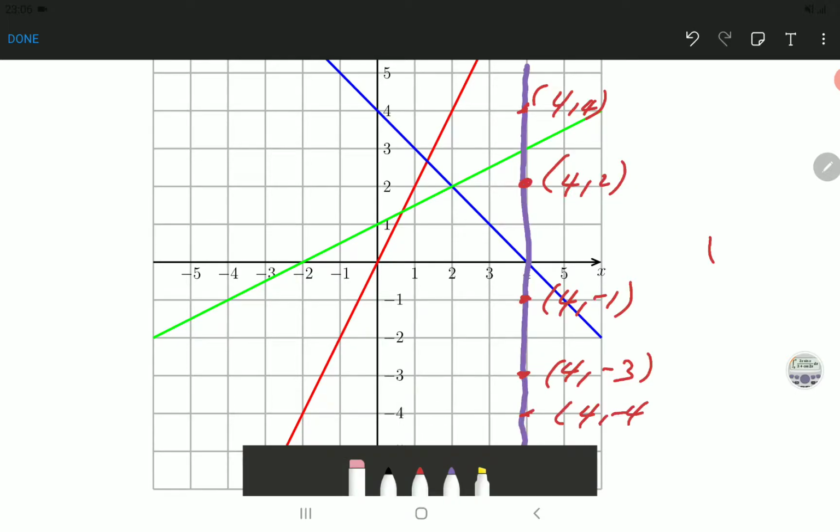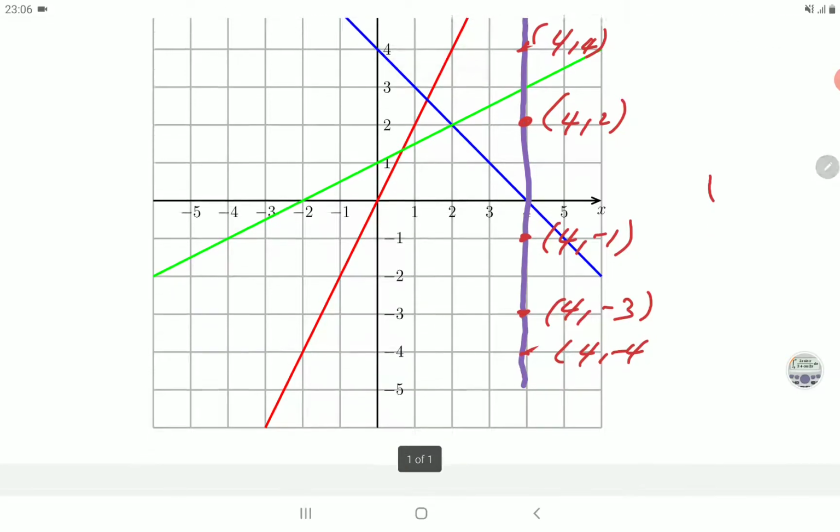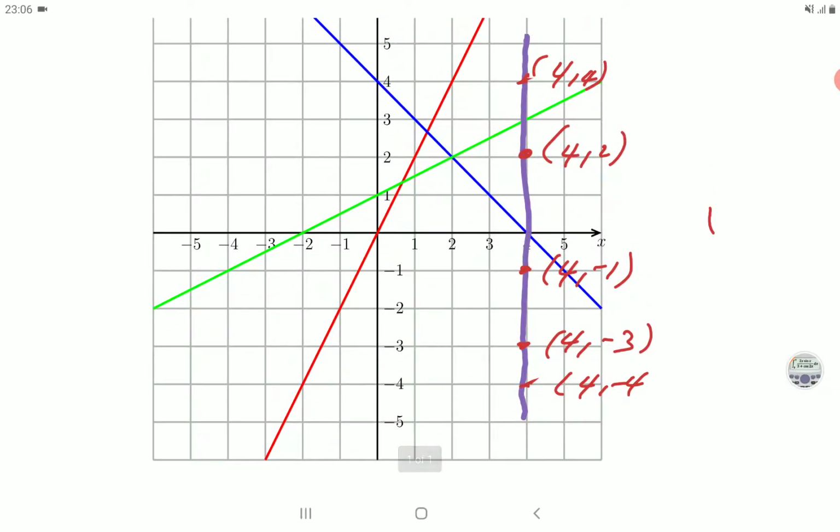And the answer is going to be the fact that all of them have an x-coordinate 4. There's 4 here, 4 there, 4 there, 4 there.